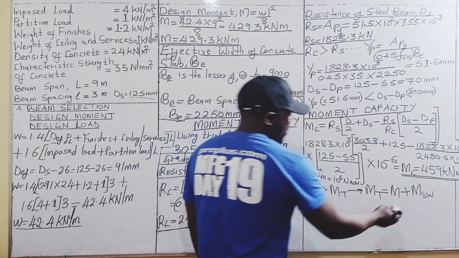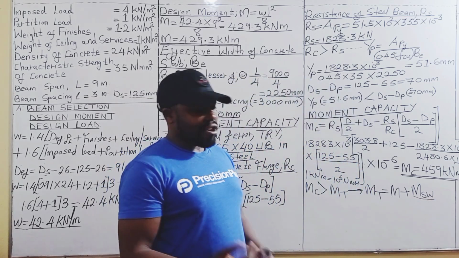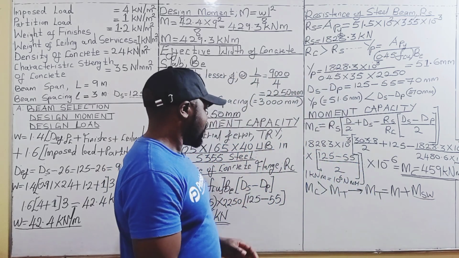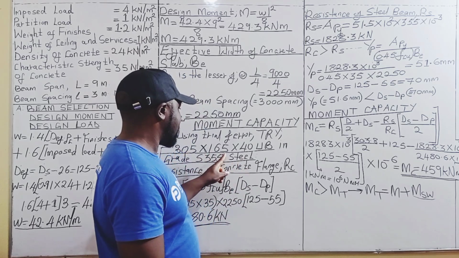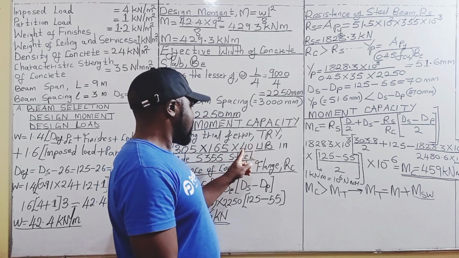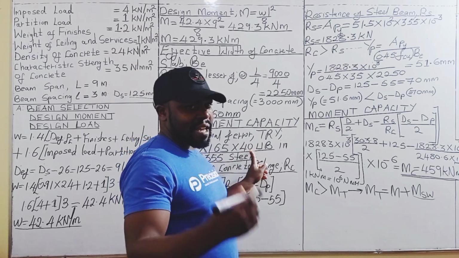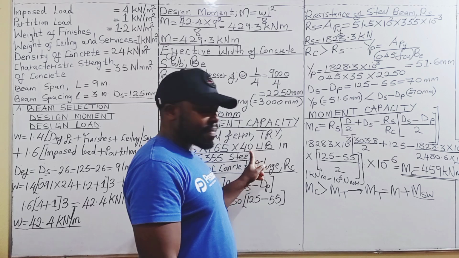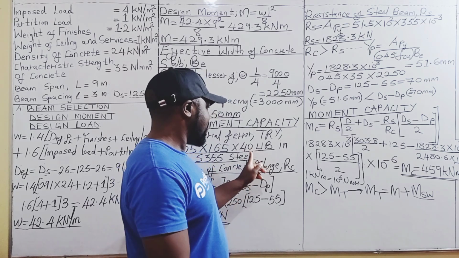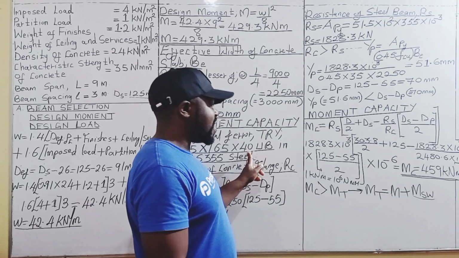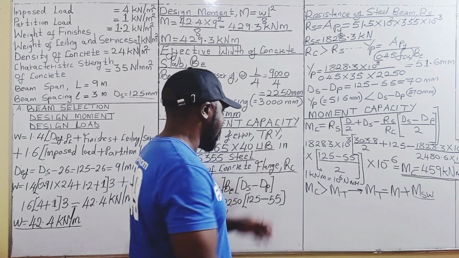So what we are going to calculate is the moment due to self-weight of the UB section. Now, this UB section of serial size 305 by 165 by 40, this 40 is usually mass per meter. And the mass obviously is in kgs. Therefore, the mass of this UB section is 40 kilograms per meter.